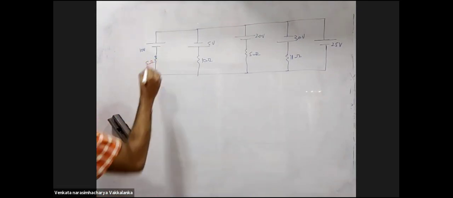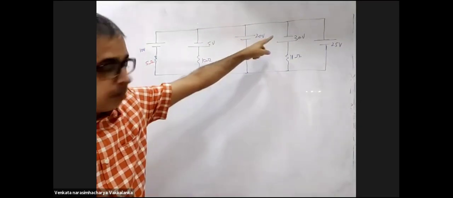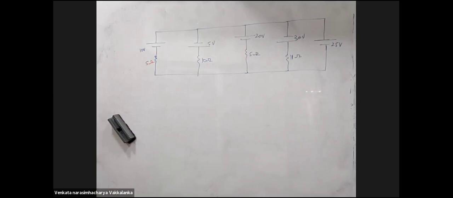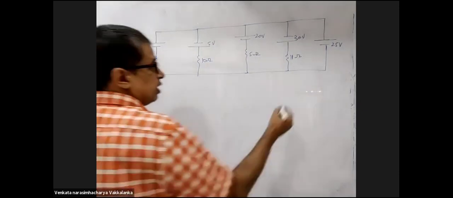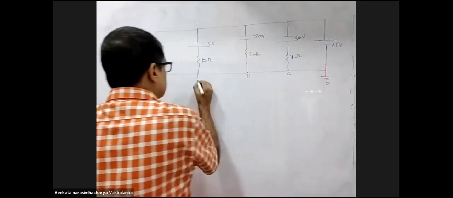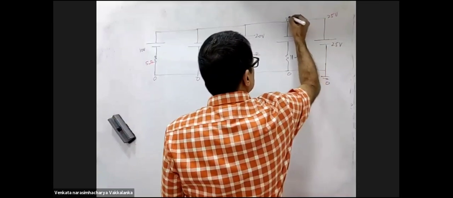This is 5 ohms. Now have a look at it. You'll start from here, you take this to be 0. This will be 25 volts.